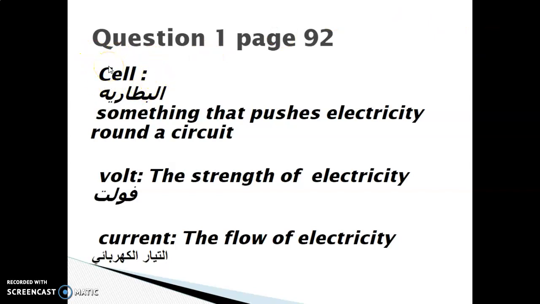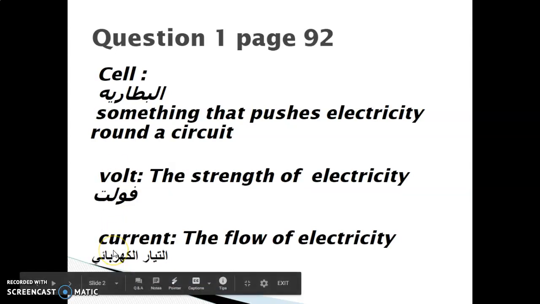B. The strength of electricity. The answer is volt. You can write the answer while I am speaking. C. The flow of electricity.